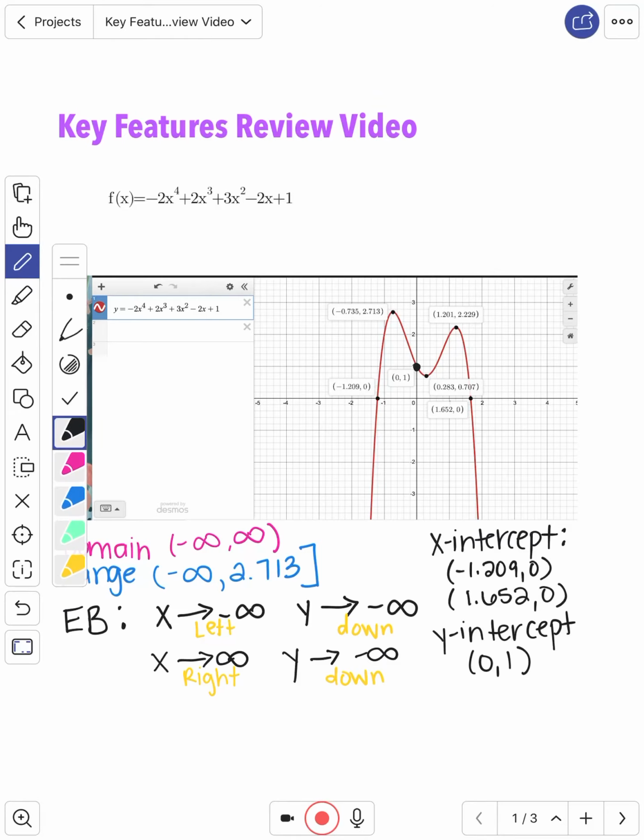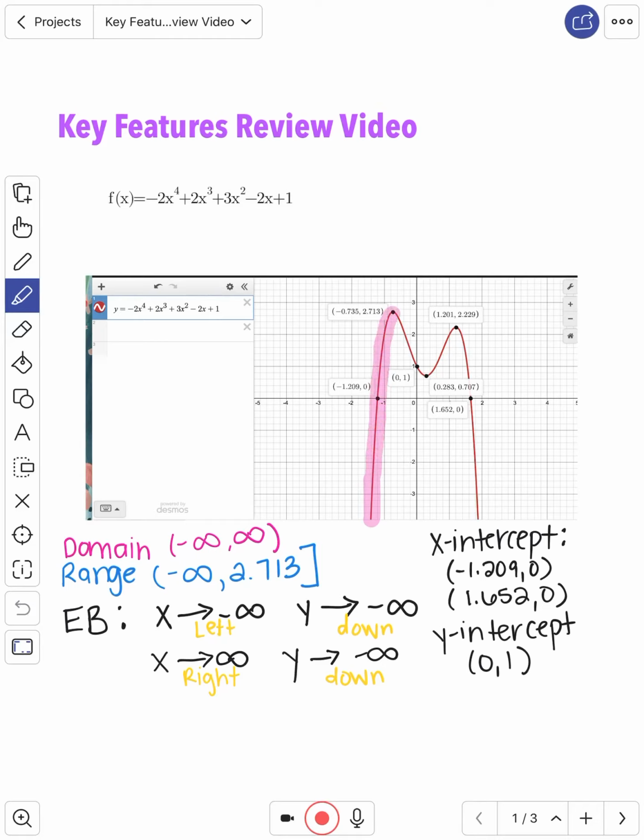All right, so let's talk about some increasing and decreasing. So for increasing and decreasing, you're talking about what intervals is my graph increasing, what intervals is my graph decreasing, okay? So when you read this, you read it from left to right. So I'm coming from the left, so I'm going to kind of mark it as I'm going up. So it's going to keep going up until it reaches that point.